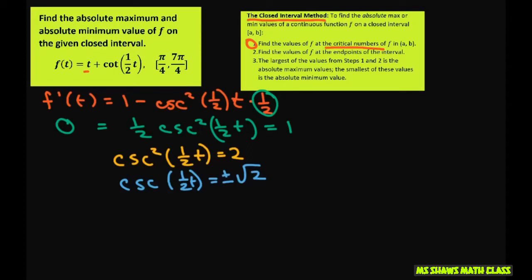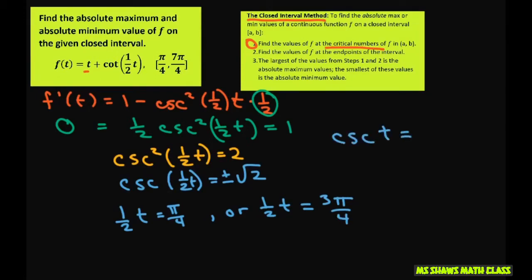But we have 1/2 t, so let's set 1/2 t equals pi divided by 4, or 1/2 t equals 3 pi divided by 4. Because if you just did cosecant of t equals plus or minus square root of 2, you would have gotten pi over 4 and 3 pi over 4. But since we have 1/2, we have to set it that way.